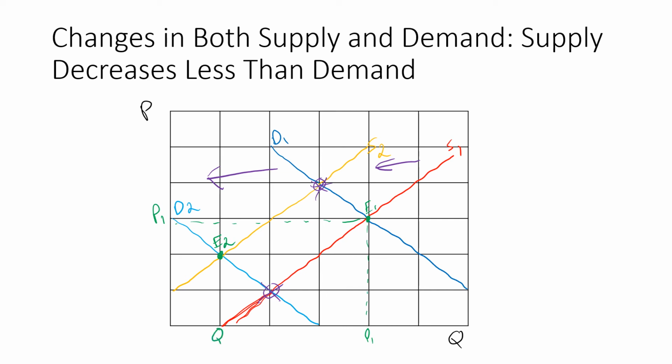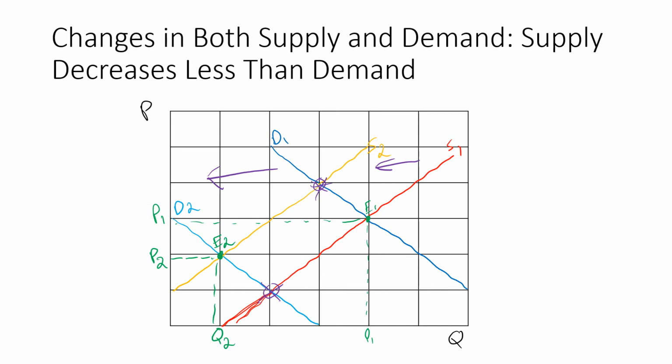This means that this is our new quantity, quantity 2, and our new price. So when the demand curve shifts farther to the left than the supply curve, the price will fall. That's what we learned from this, right?